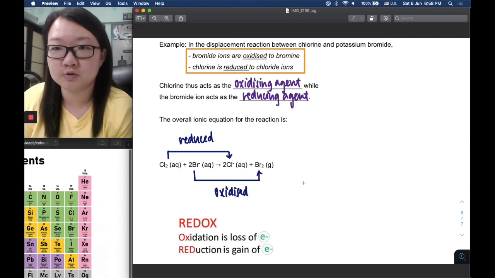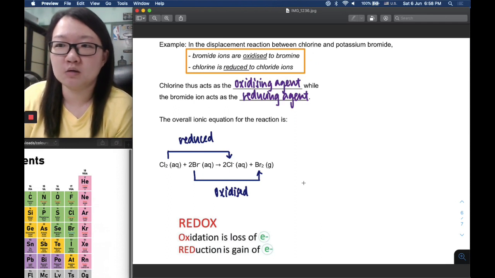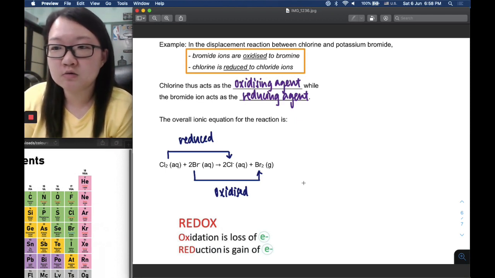Okay, and that will be good enough. And then, of course, when we go to Sec 4, then this part on redox will become quite a huge understanding that you need to have for this reaction. Okay, but that's it for now.